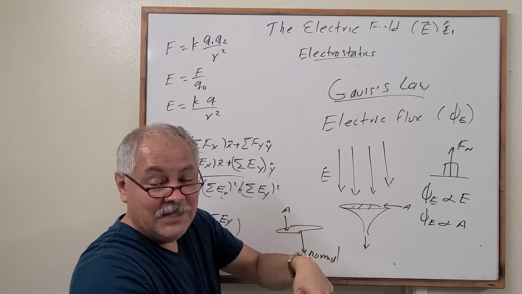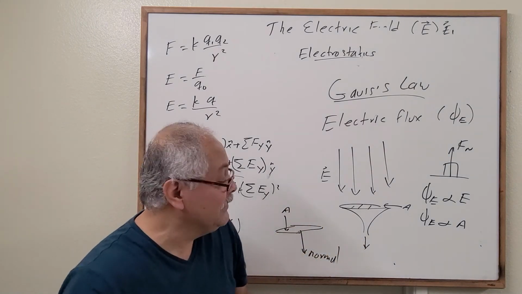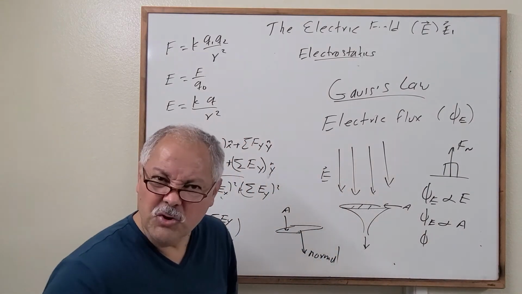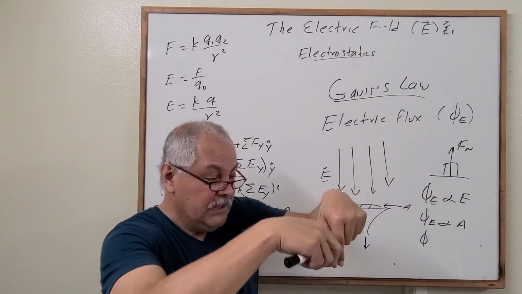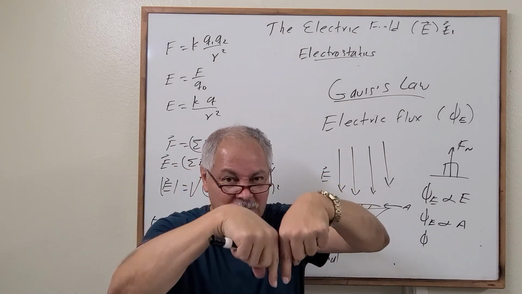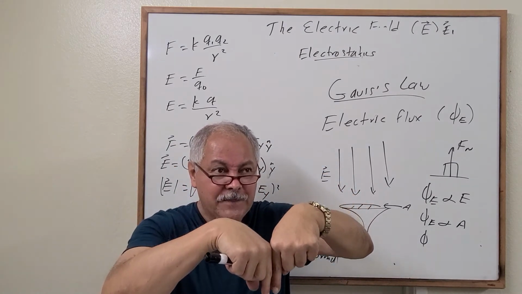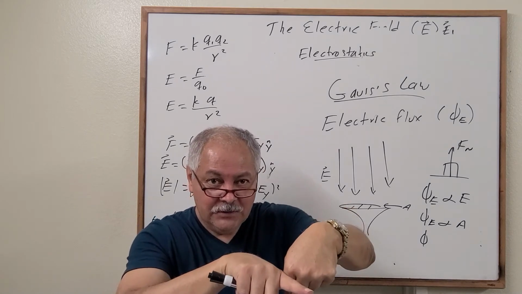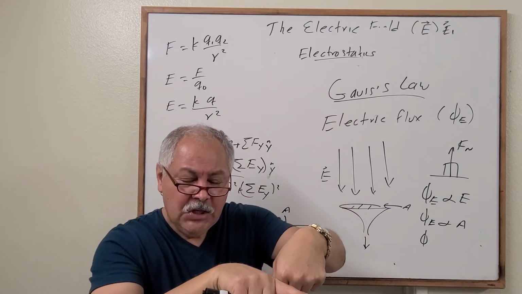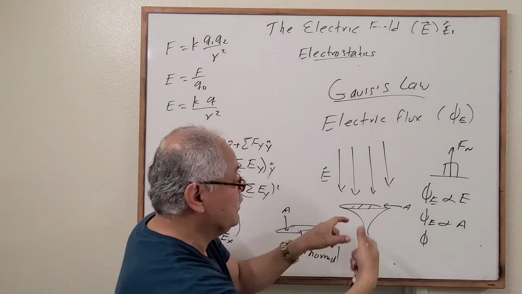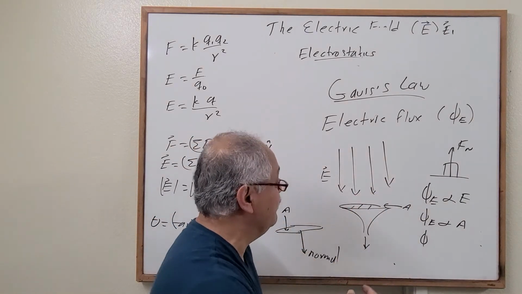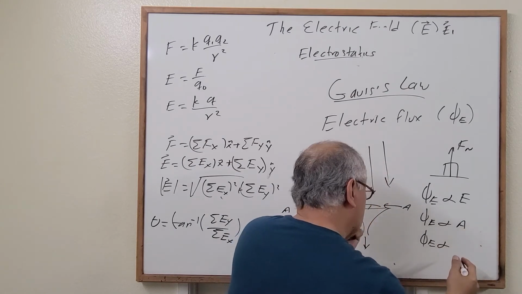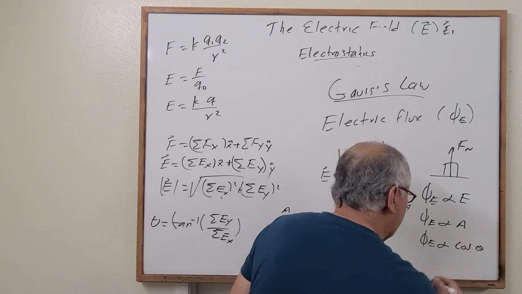Is that sine or cosine? Cosine, right? When these two are parallel, what is the angle? Zero. Cosine 0 is 1. That's the maximum. When it's perpendicular, what is the angle? 90. Cosine 90 is 0. That's when we rotate the funnel. Okay, perfect. So this is also proportional to cosine theta.